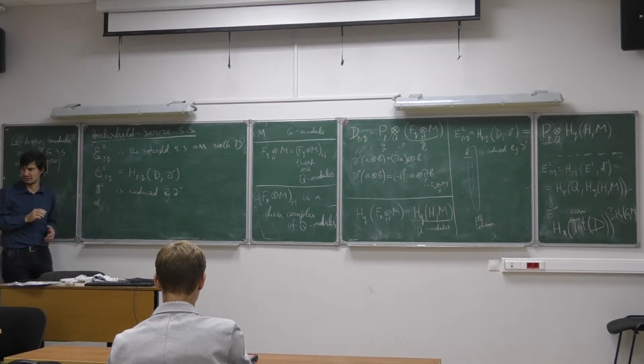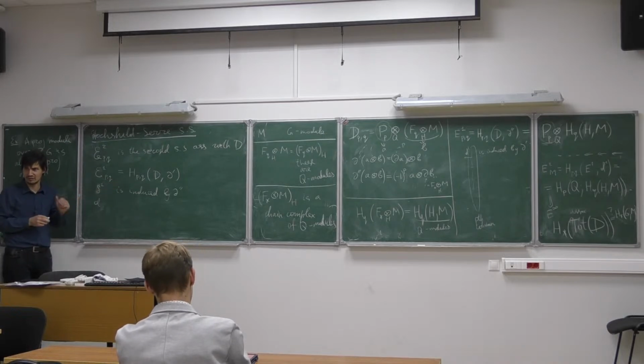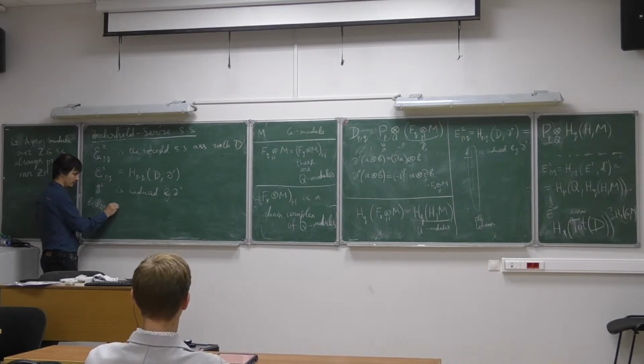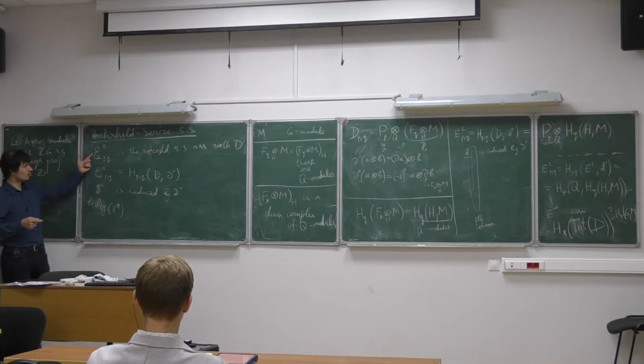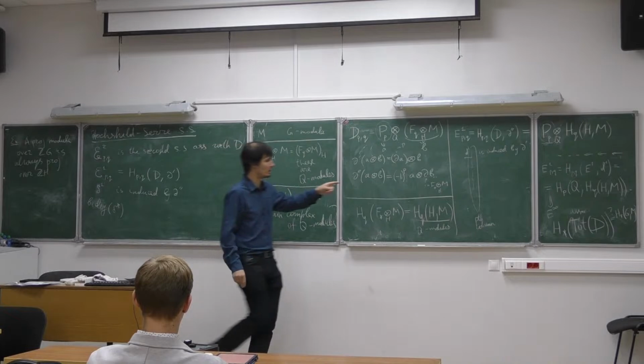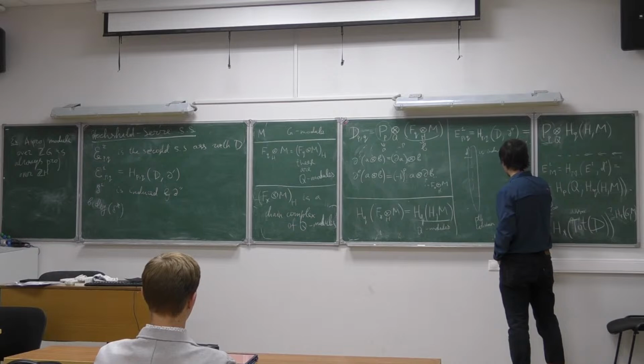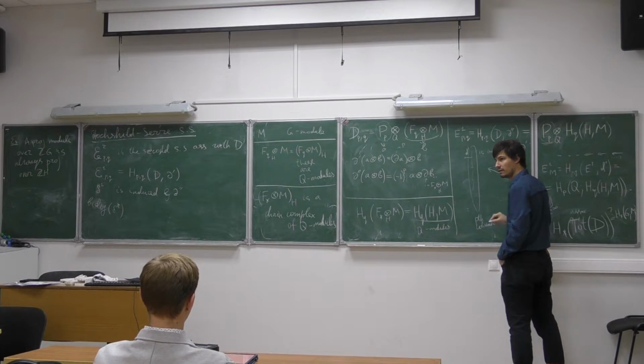I denote it by delta. I would like to distinguish between differentials of this spectral sequence and the actual degree, the bidegree of the differential delta r. In the usual homological spectral sequence, the d_r acts by bidegree (-r, r-1).